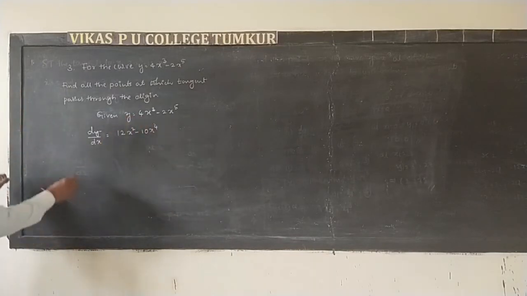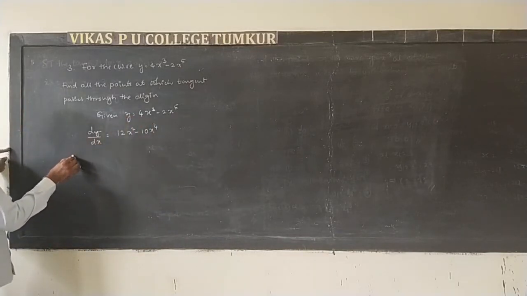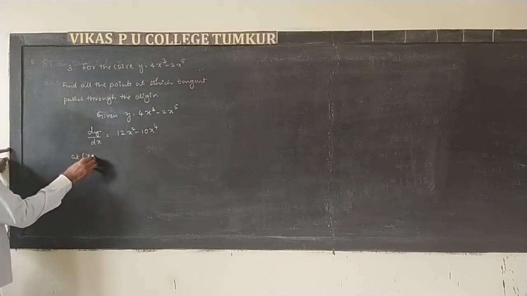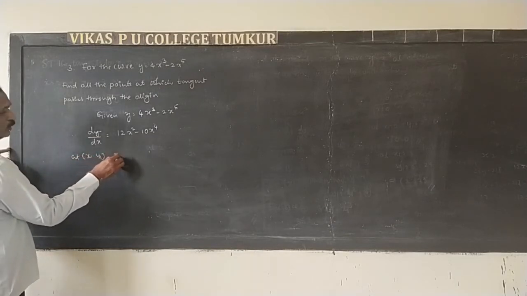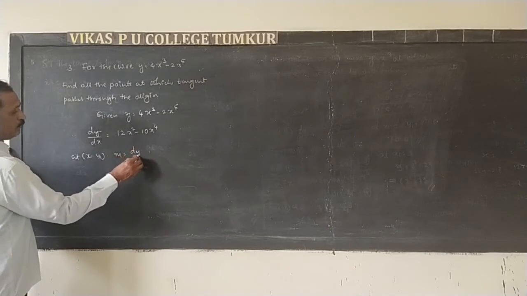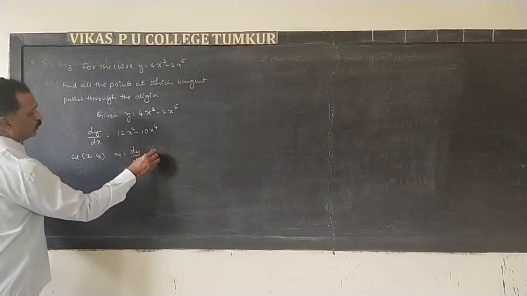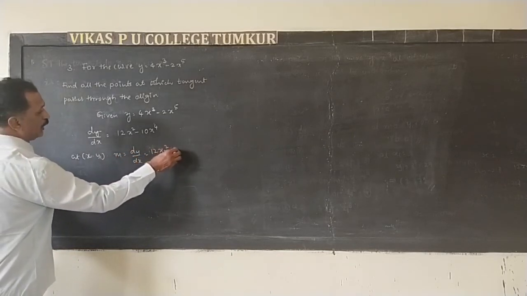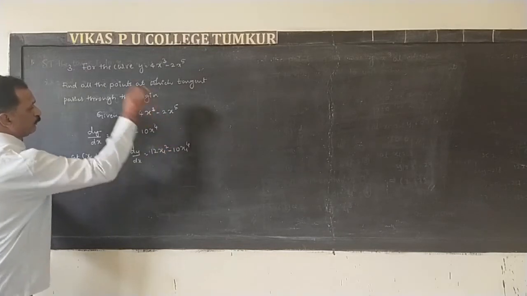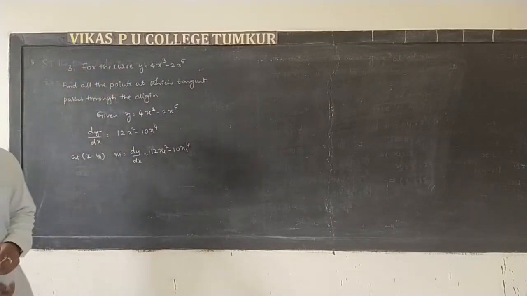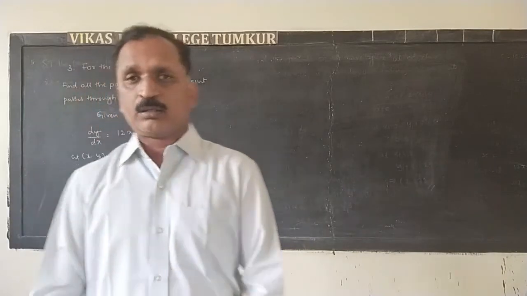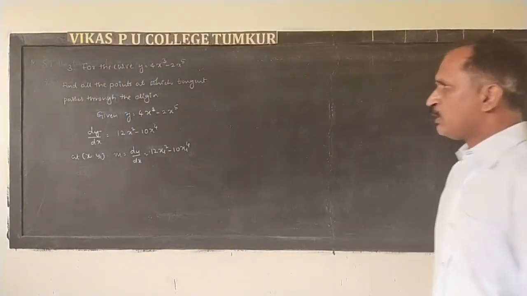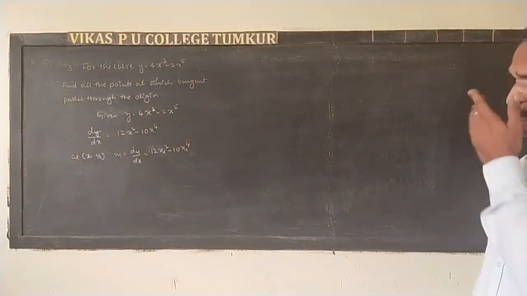Got it? So at (x1, y1), what should be the slope now? Slope of tangent dy by dx should be equal to 12x1 square minus 10x1 to the power of 4. Got it? This is the slope of tangent.